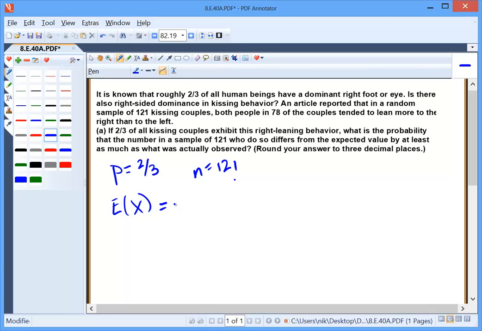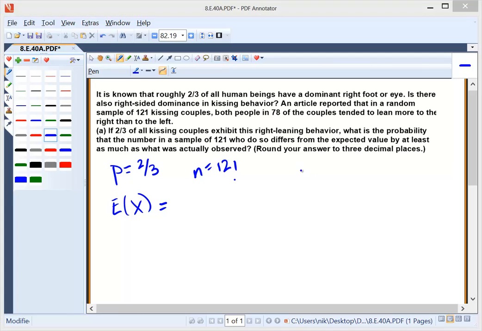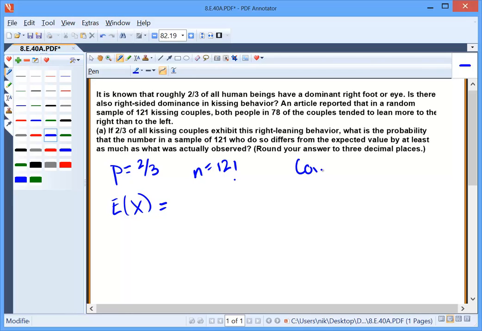And the expected number, well, anytime you're counting something, it's a pretty safe bet that it's going to be a binomial distribution. You should go through and check, okay, should the couples be independent of each other? Well, they probably should be independent of each other. The probability of them being right-leaning should be 2/3 for each couple. That's the same.